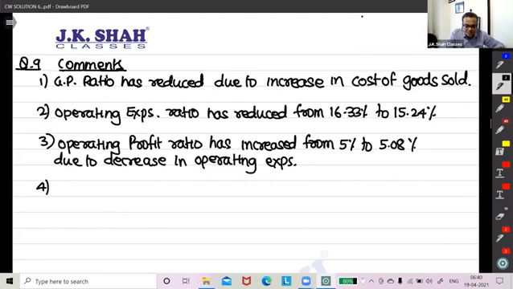Fourth one, capital employed turnover ratio. Okay, 3 and 2.54 times. Correct, people?